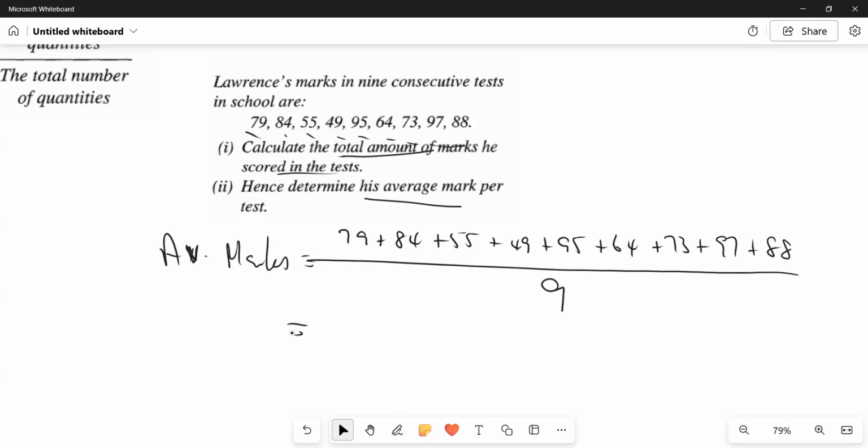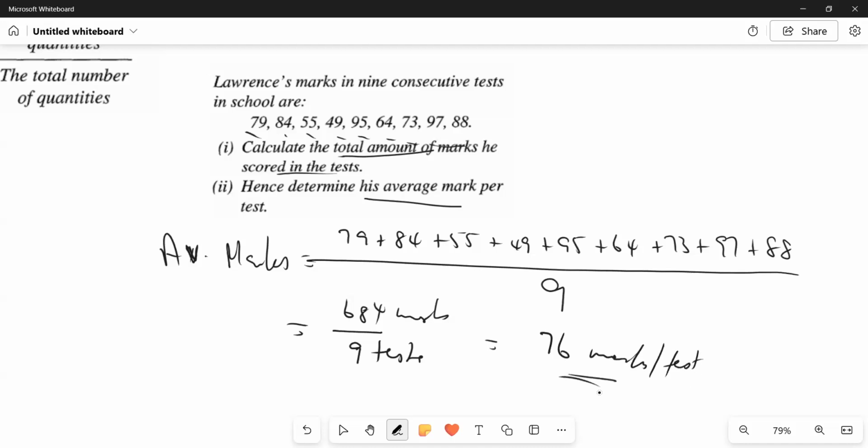Somebody help me, please. 76.1. Okay, I think it adds up to 684 marks over 9 tests, so you get 76, to the nearest whole number, marks per test. What would you say of this person? Is he a good student?